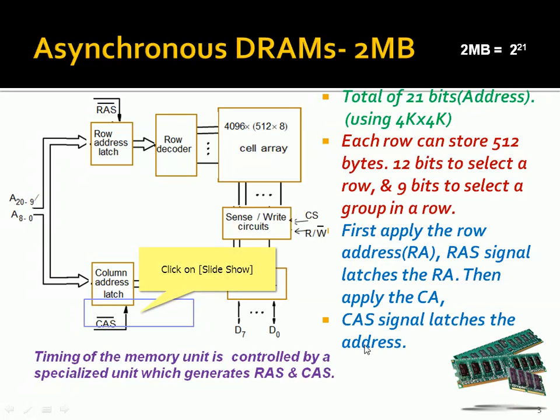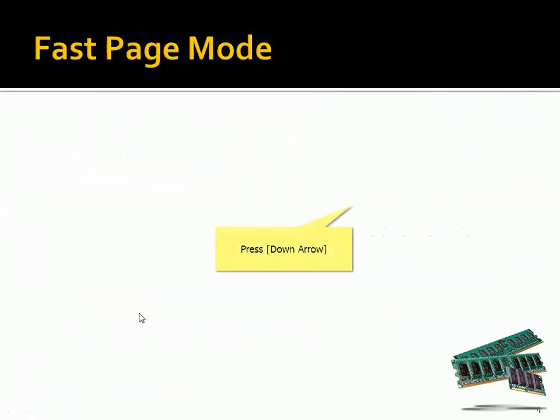The timing of the memory unit is controlled by a specialized unit which generates the row address and column address signals.